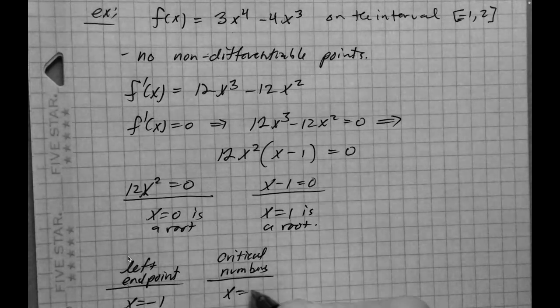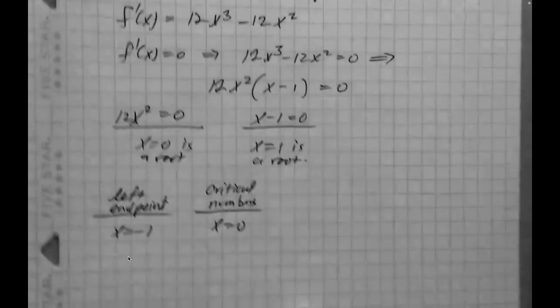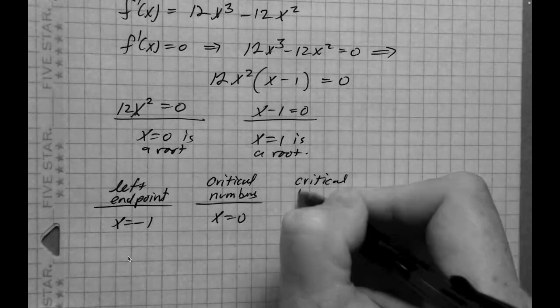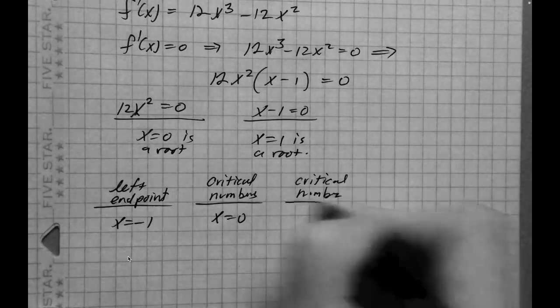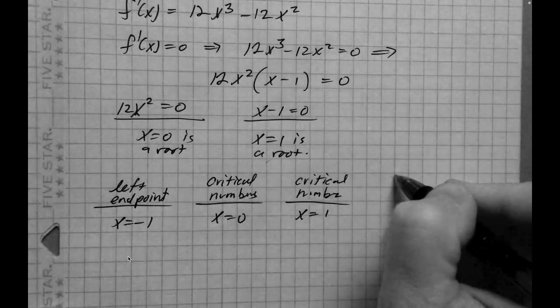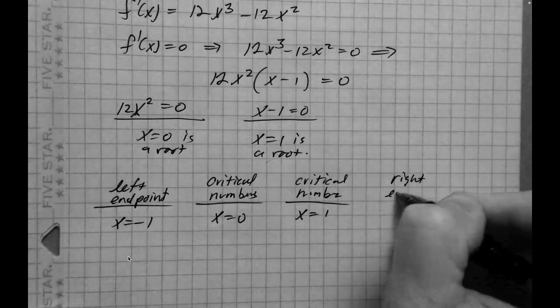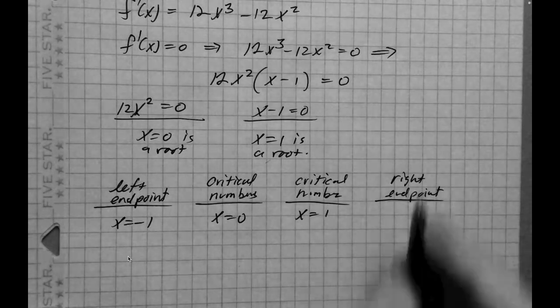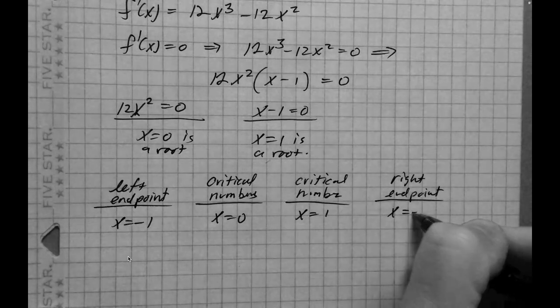I've got x equals 0, which I found right here, and another critical number, x equals 1, which I found right here. And then I've got the right endpoint, which was x equals positive 2.